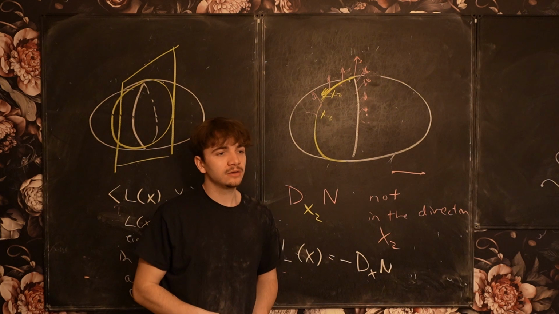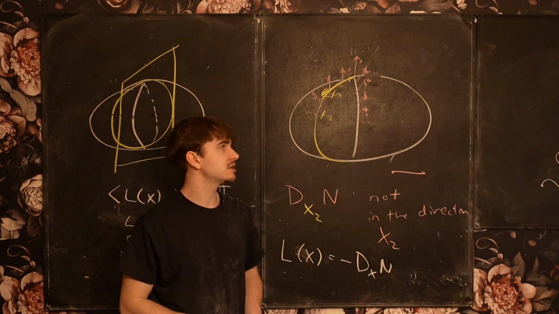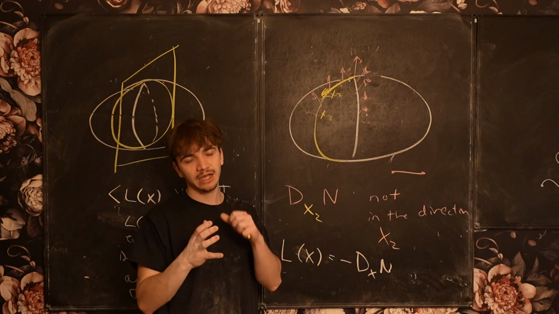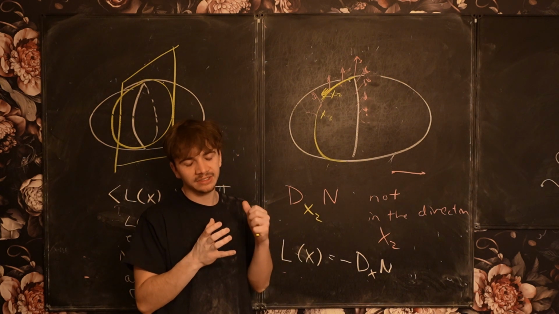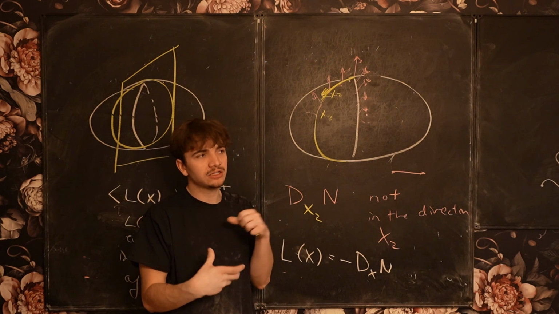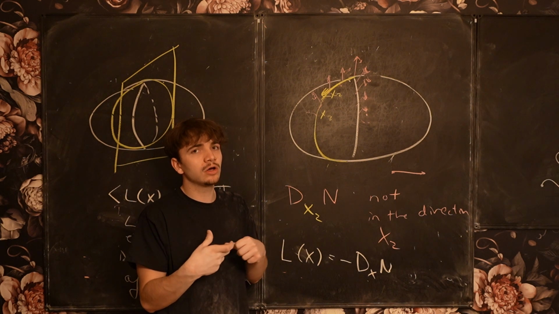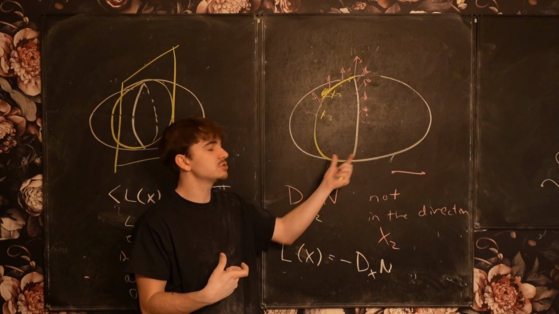And because this is a local operator, if you visualize this idea with ellipsoids and saddles, you can understand that if you have a smooth enough surface, then locally it looks like some sort of ellipsoid.